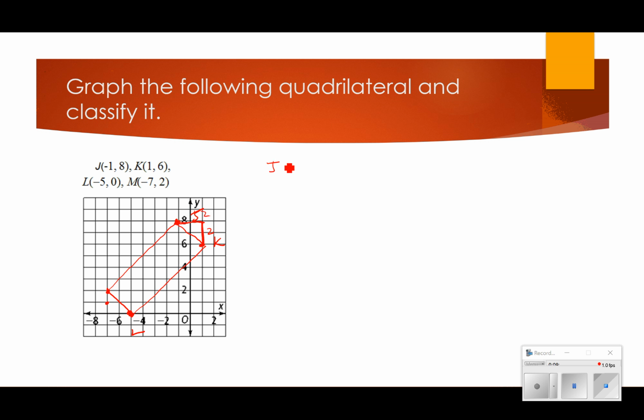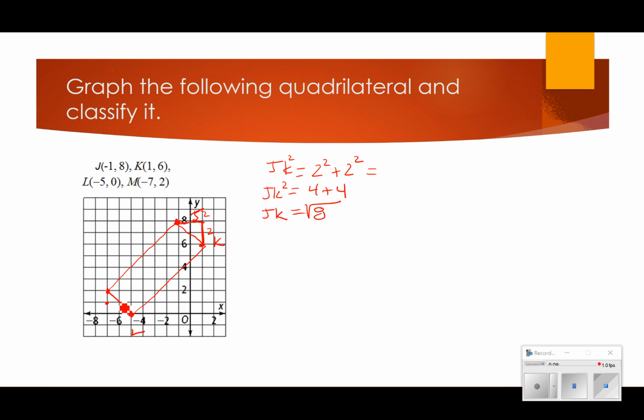So JK squared is equal to 2 squared plus 2 squared. And we can even work across. Well, actually, no, let's not work across. 4 plus 4 is JK squared, and that's going to be 8. And if I take the square root, JK is the square root of 8.